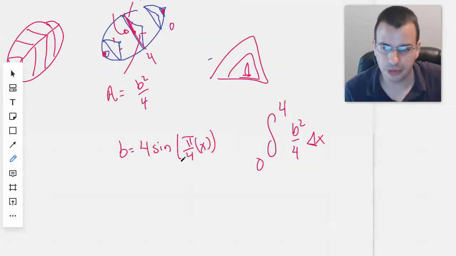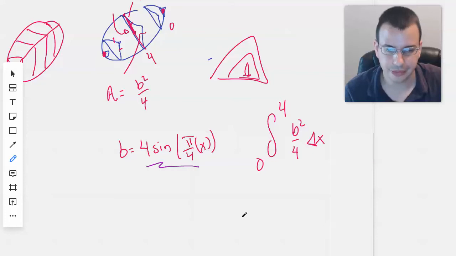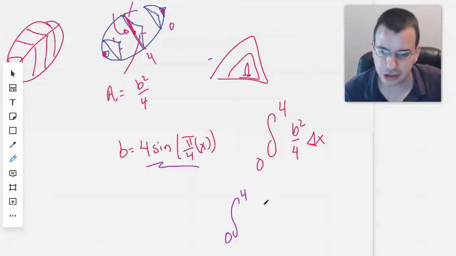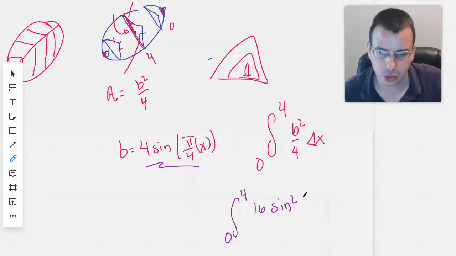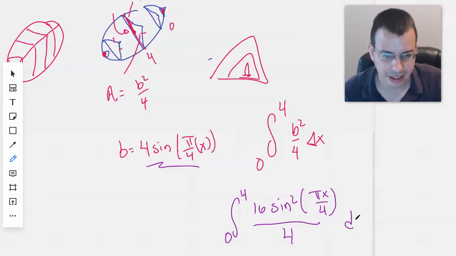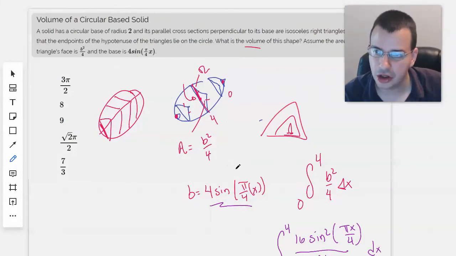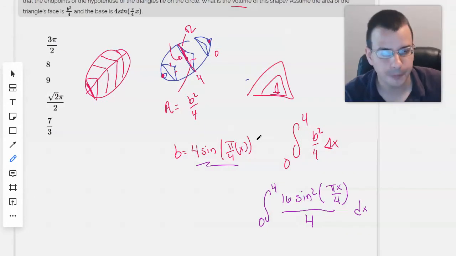And for b, we'll plug in this value here. So really, this question is asking us to solve the integral of 16 sine squared of pi x over 4 dx.